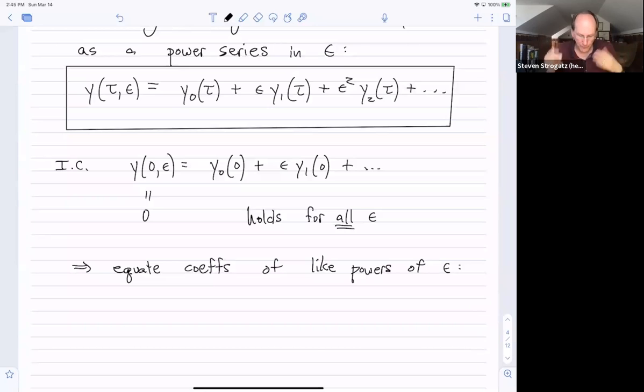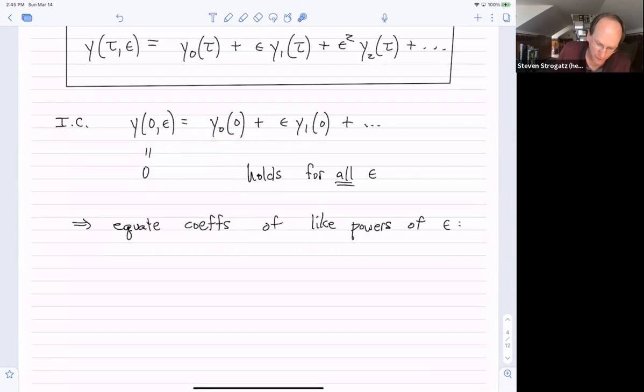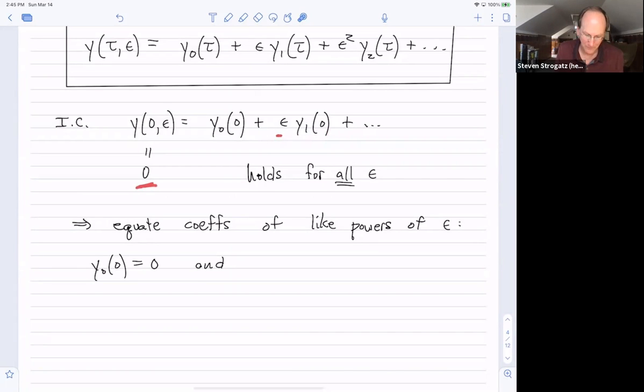So this side of the equation doesn't look like much of a power series in epsilon. It's the 0 power series. All of its coefficients of all powers of epsilon are 0. But here we can read off the constant term, since this one has no epsilon in it. So we get y0 of 0 is 0. And now also reading off the coefficients of the epsilon term on both sides, well, here it's y1 of 0.